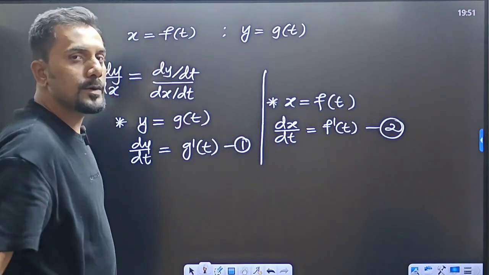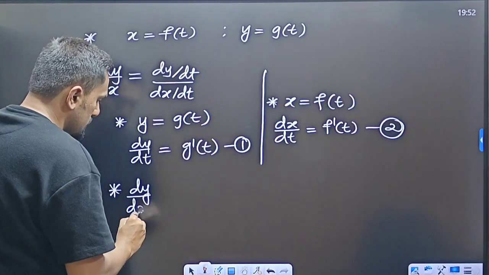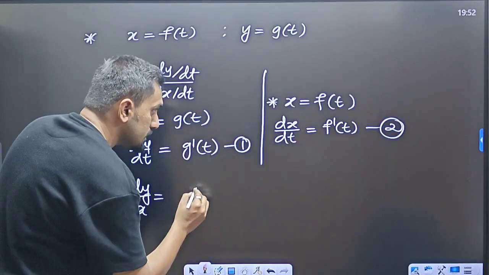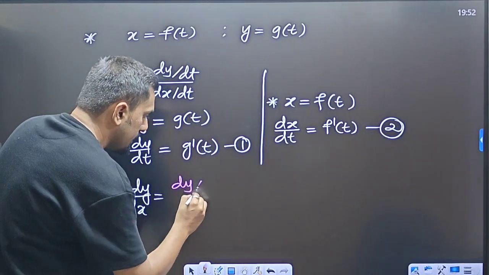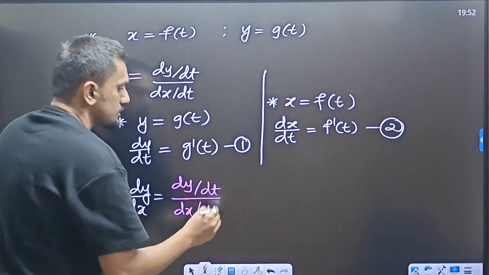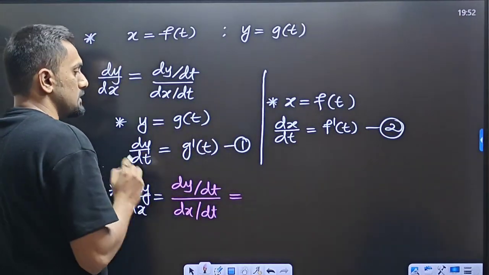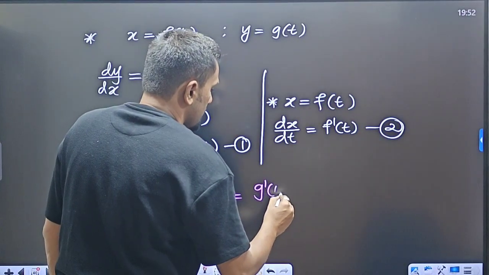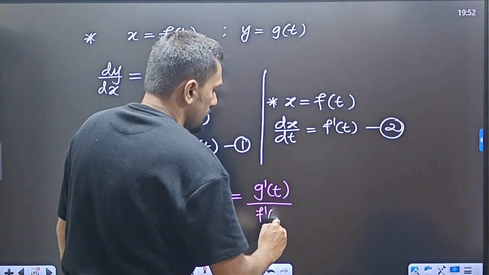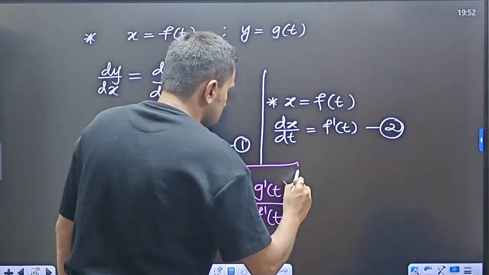By using these two equations, dy by dx becomes equal to dy by dt divided by dx by dt. Then if I substitute dy by dt from equation 1, it becomes g dash of t divided by dx by dt, which is f dash of t. This is how we differentiate the parametric functions.